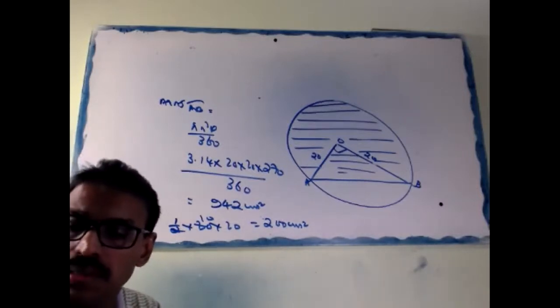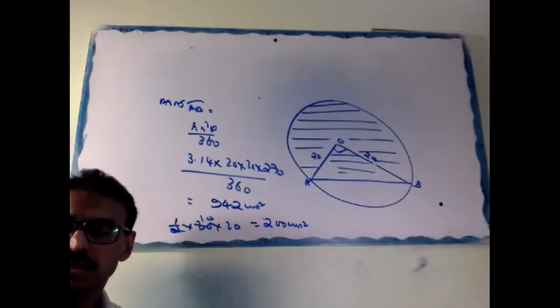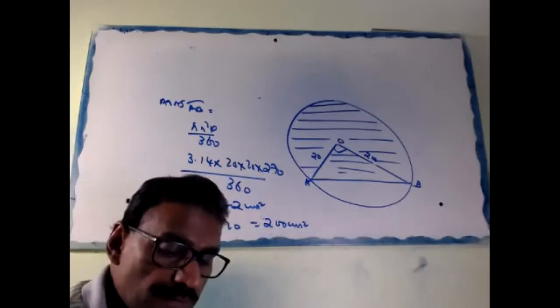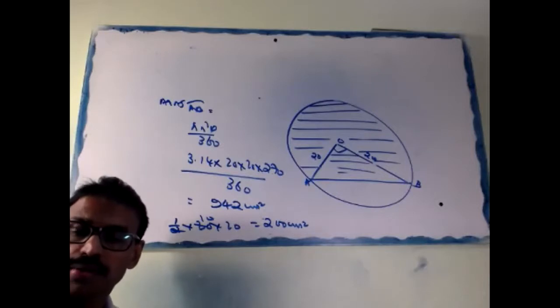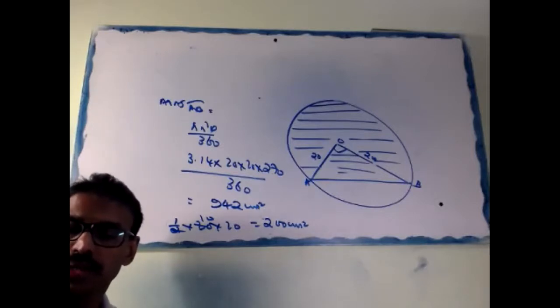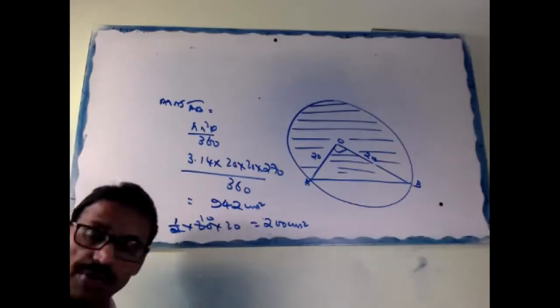Okay, it is centimeter. How come area is centimeter? Centimeter square. Okay. So it's clear now. Okay, unit. Maria, you got it? So finished now, right?